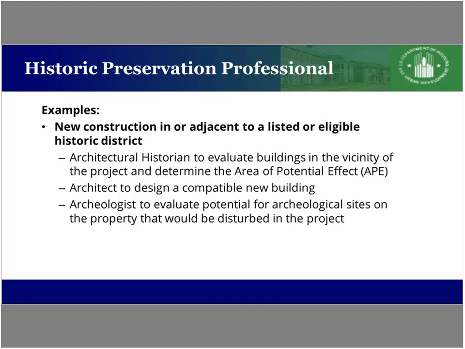There may also be the need for an archaeologist to evaluate what kind of ground disturbance is happening with the project, and is that likely to impact a potential significant archaeological resource. Another role here might be the architectural historian could evaluate the effects of the architect's new design on the other properties within the APE.